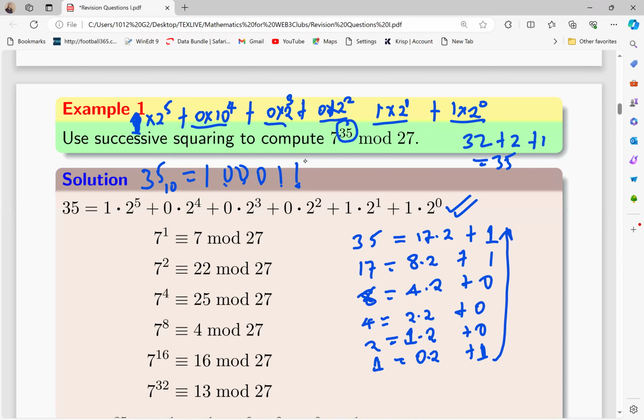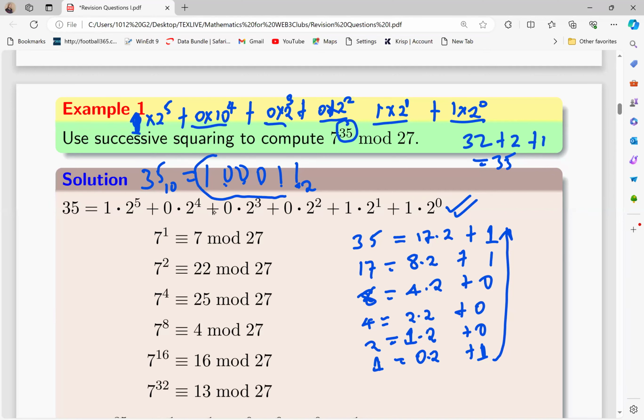Because 35 decimal can be written as 100011 binary. But this part is not very important. I'm just showing you that we can expand 35. You can write 35 in terms of these ones and zeros. Is that okay?